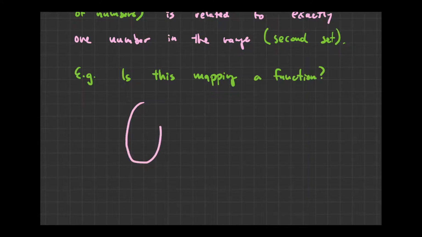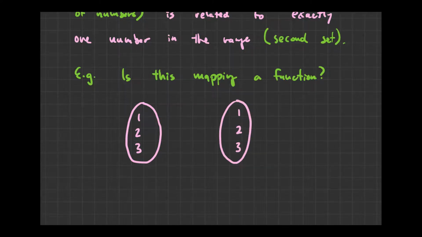So let's do numbers 1, 2, and 3, and then 1, 2, and 3, and then I'll connect them with their little dots like this. I'm going to say that 1 goes to 1, 2 goes to 2. Then I'm going to throw us off a little bit. I'm going to say that 3 now goes to 2.